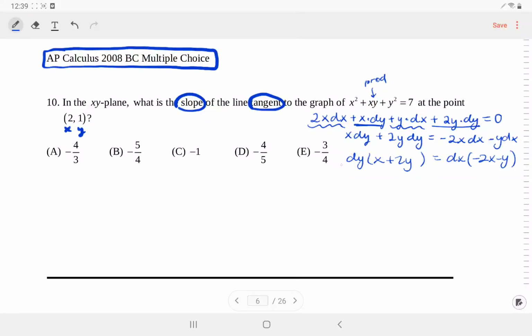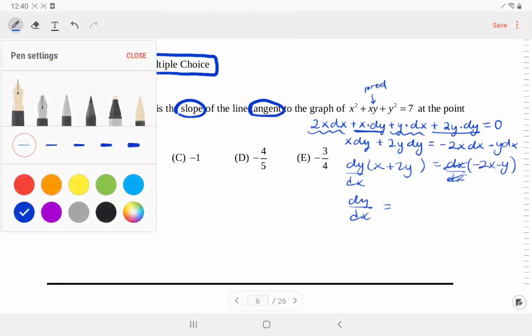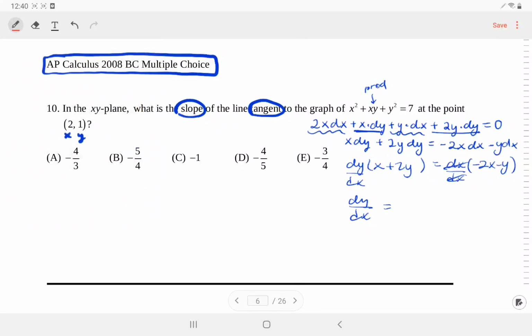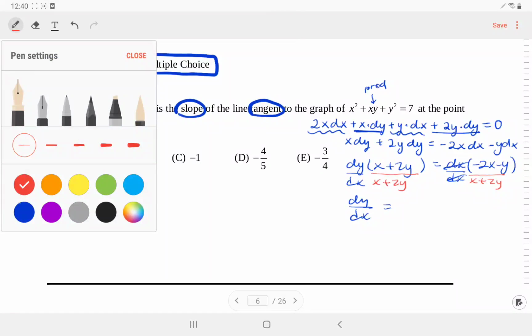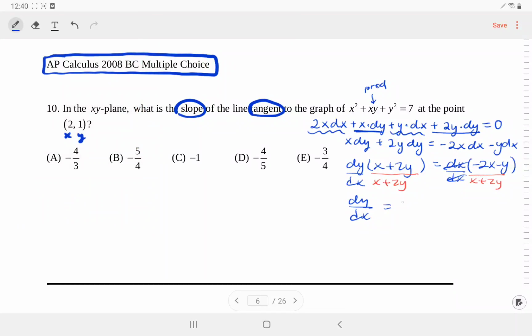And then you need dy dx. Okay, so dy dx, you're going to remove this piece right here. Let's see how easy changing colors is. Oh, looks pretty good. Divide by this, divide by that. And then we get as our answer negative 2x minus y over x plus 2y.